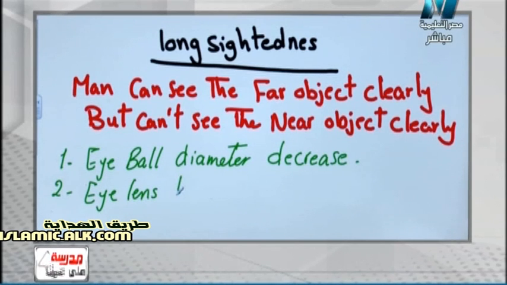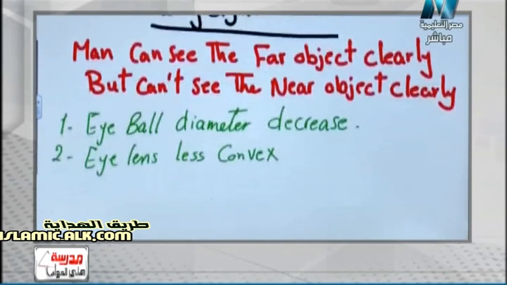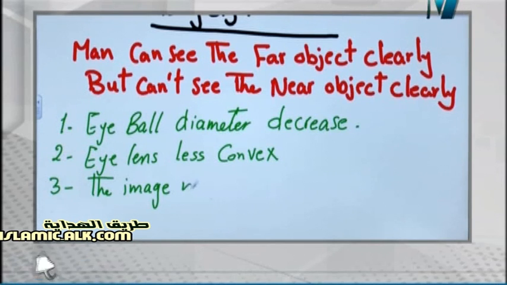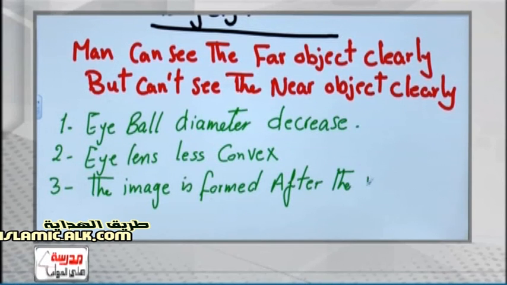Less convex. The convexity of the eye lens decreases. So in this case the image is formed behind, after the retina.